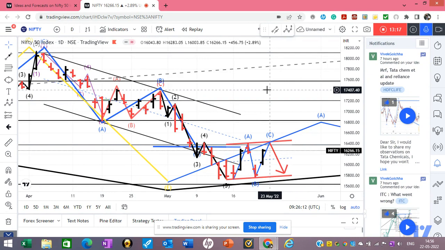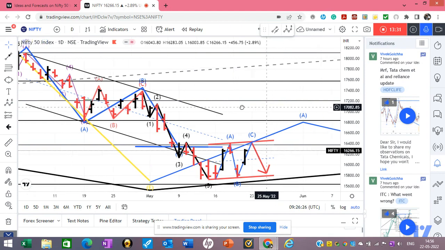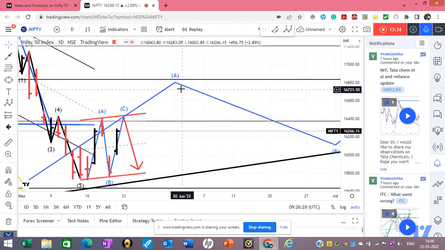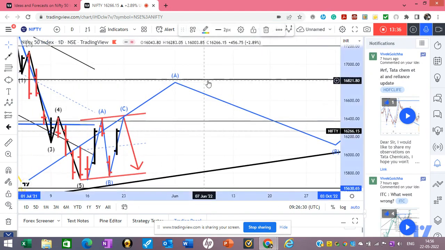One more thing I want to say is that there are many people who ask at what level Nifty will bottom out or what the high point is. You see, I follow the advice of Jeffrey Kennedy, and I will share that advice with you.